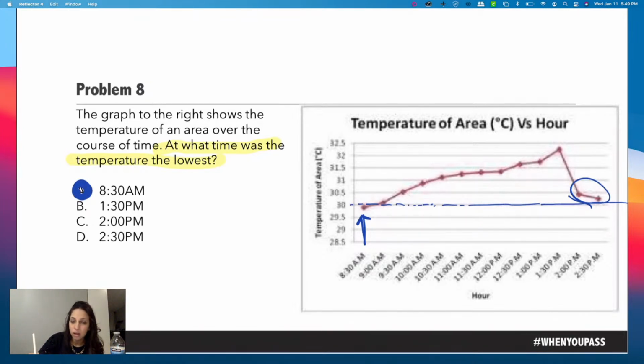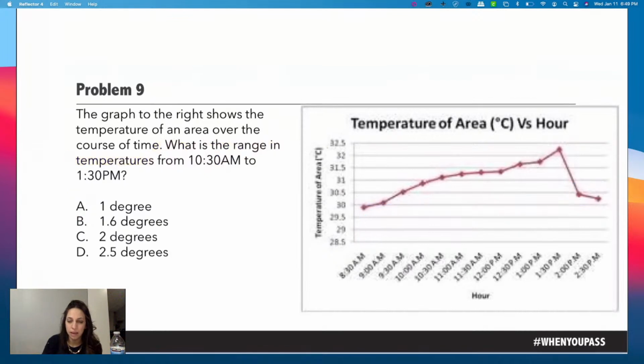But let's go ahead and look at another problem about the same graph. Again, the graph to the right shows the temperature of an area over the course of time. What is the range in temperatures from 10:30 to 1:30?